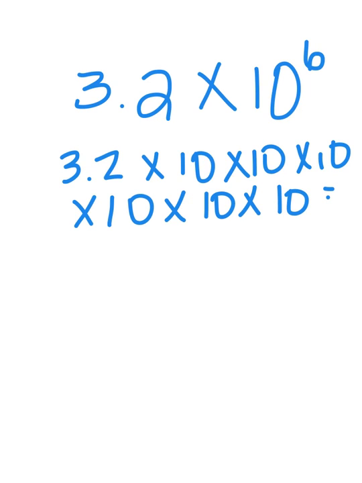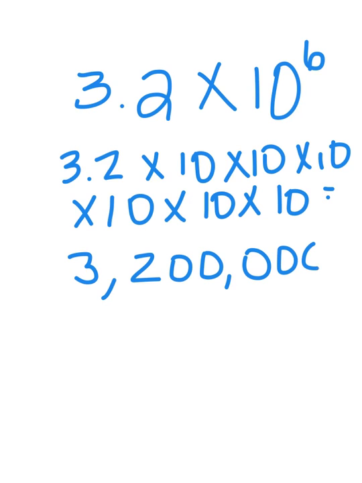If you do all of that multiplication, the answer that you come up with is 3,200,000. Does this result make sense? It does because it matches our answer when we multiply 3.2 times 10 to the 6th. It's the same as multiplying by 10 6 times. So our answer should be the same as if we had done it on a calculator.